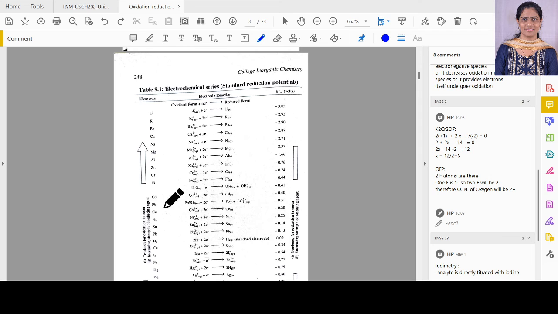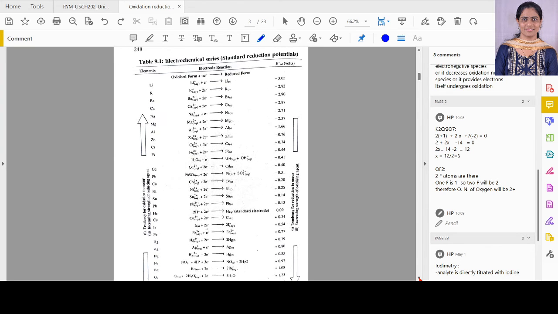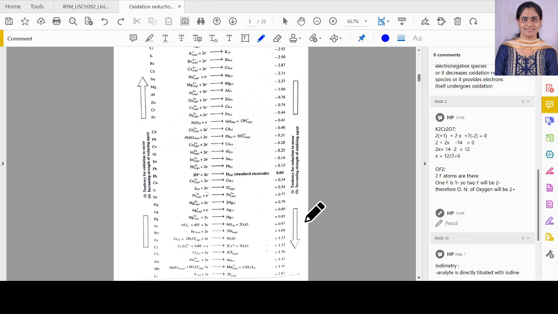You will find that as we go up, the tendency for oxidation to occur will increase, and increasing strength of reducing agent. So lithium will be the strongest reducing agent. And as we go down the electrochemical series, you will find that the tendency of reduction to occur will be increasing, so increasing strength of oxidizing agent.